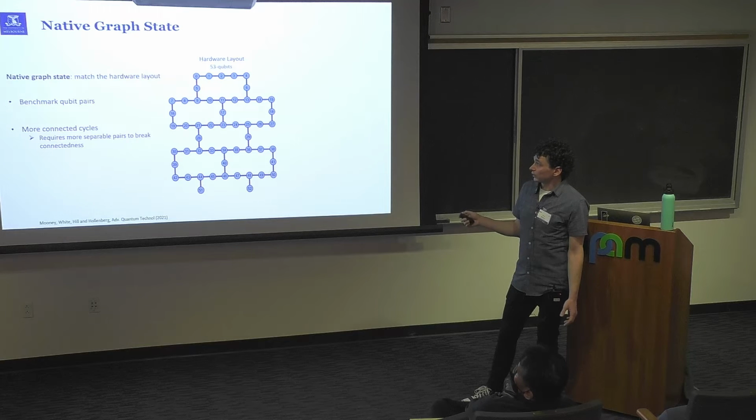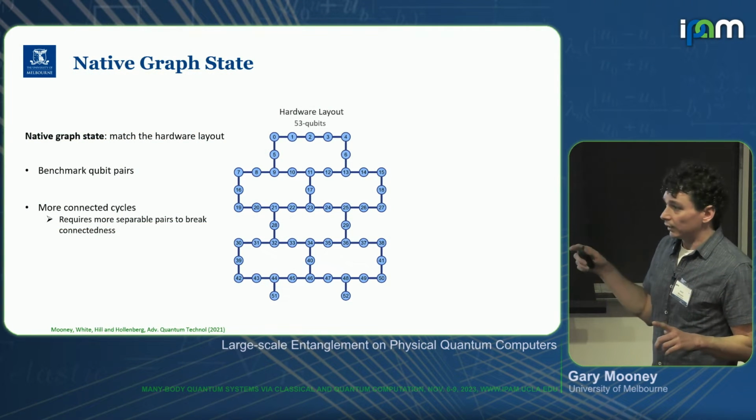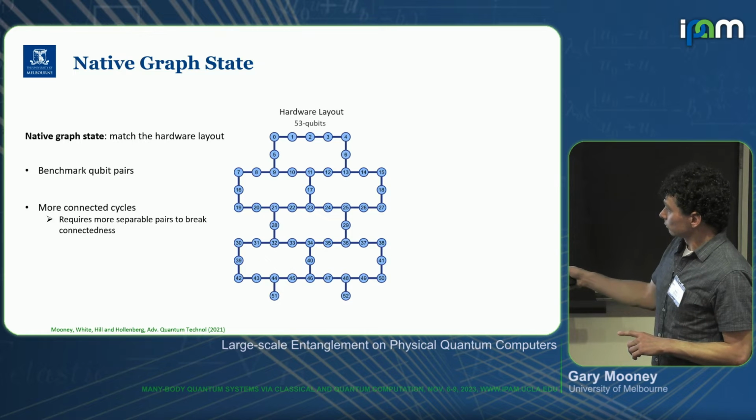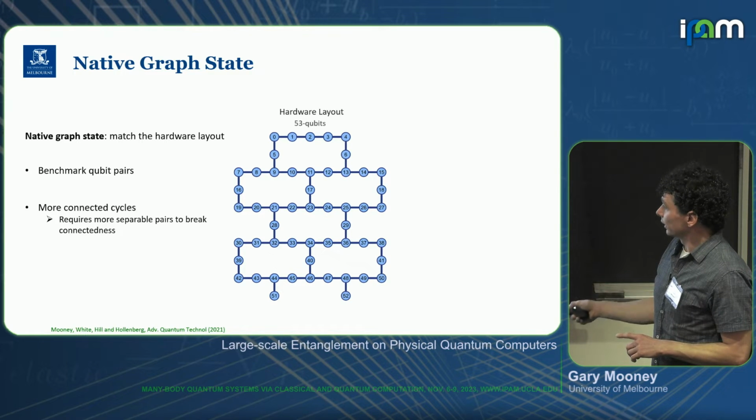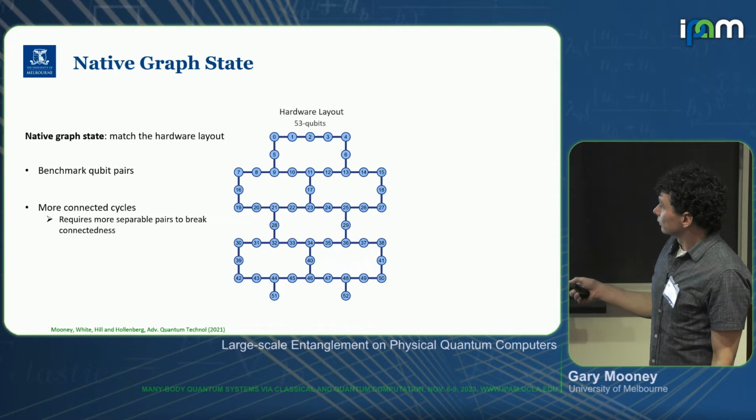First of all, we're going to be changing the way we embed our graph state. So instead of just embedding a line, we're thinking we'll embed a graph that matches the hardware layout. So this is the full hardware layout, but it's also the graph state that we're going to be using. And this is cool because you've got these cycles here. And so if you measure one that's not, then you can still be entangled.